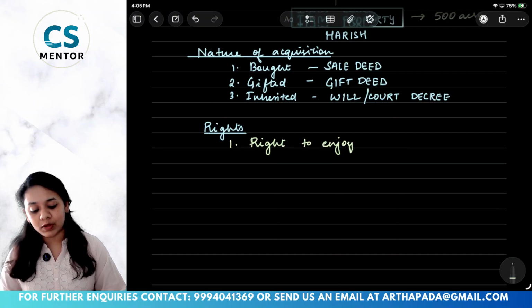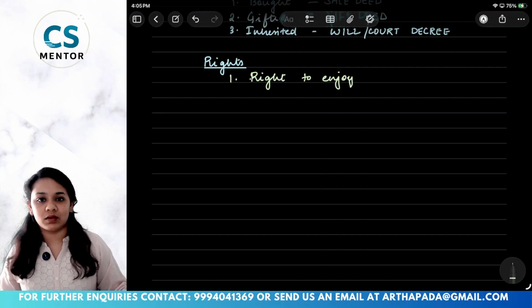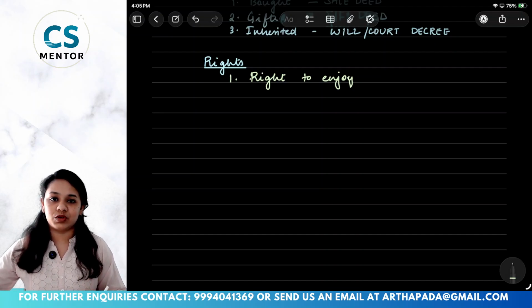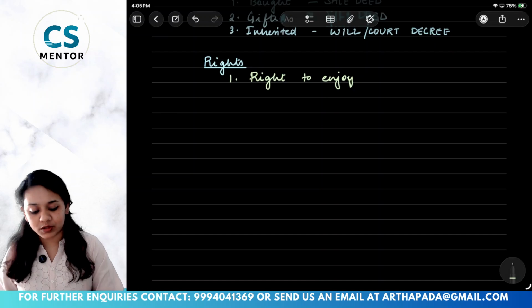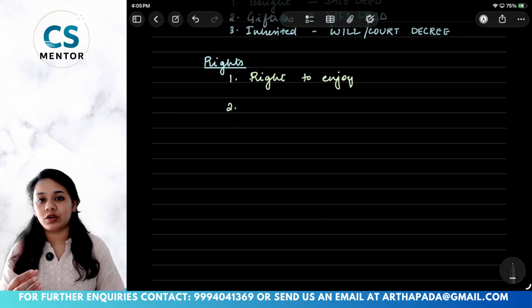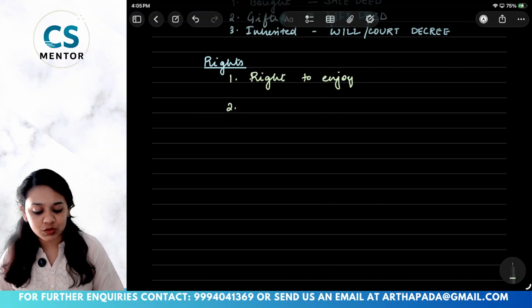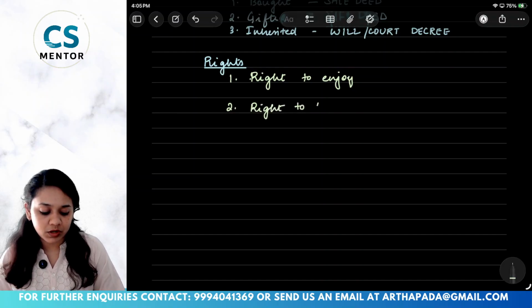Now, let's say I don't have the resources to build a hotel, or I don't have the means to run an amusement park. So let me do one thing. Let me transfer my property, or let me do something with this property. So basically, you will end up having the right to transfer if necessary, right?